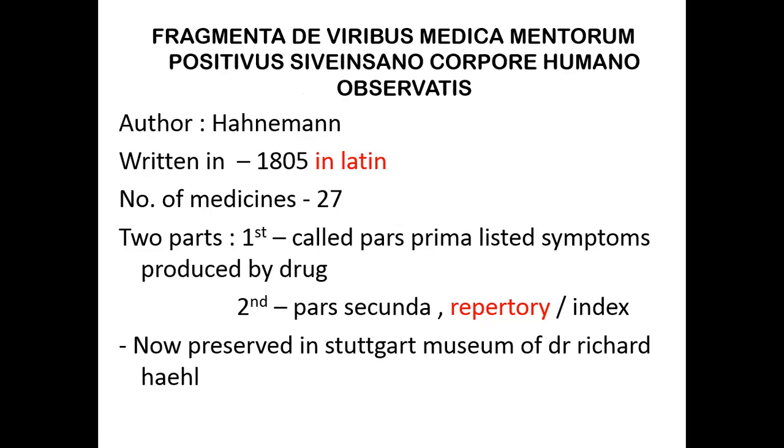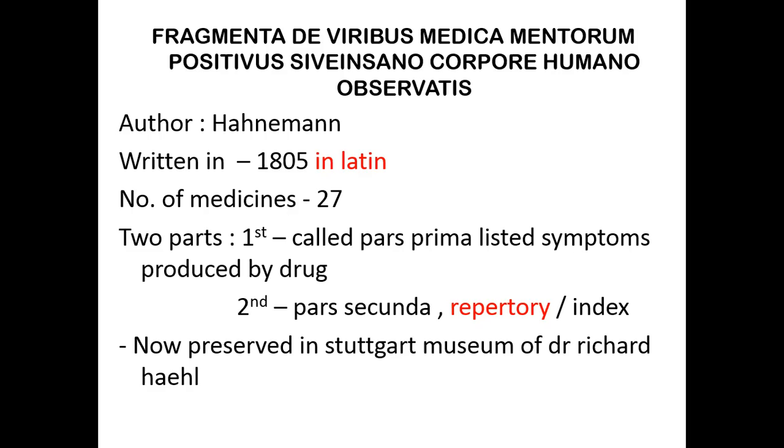Because the author is Hahnemann, written in 1805 in Latin, number of medicines 27. The reason we are habitual to it in first, second, third, and fourth PHM is that it was the first book published by Master Hahnemann.